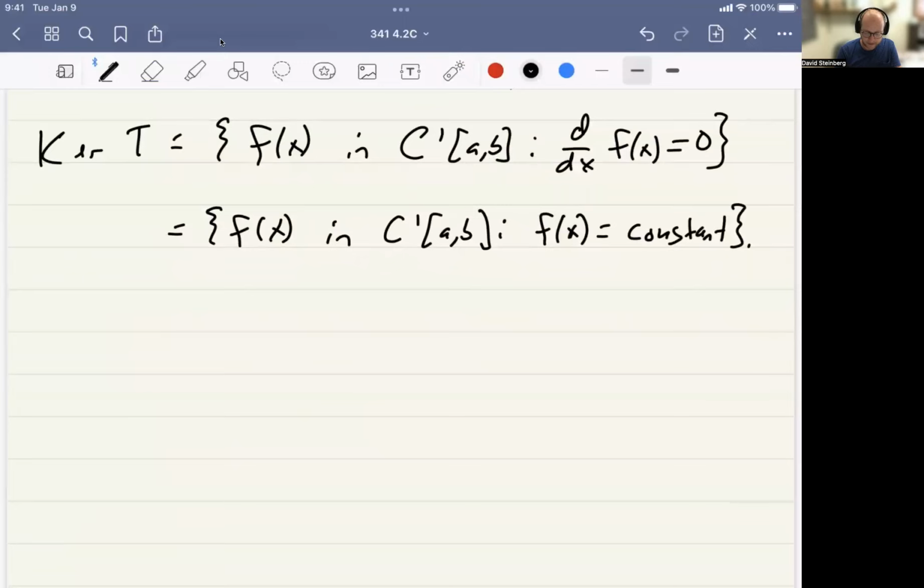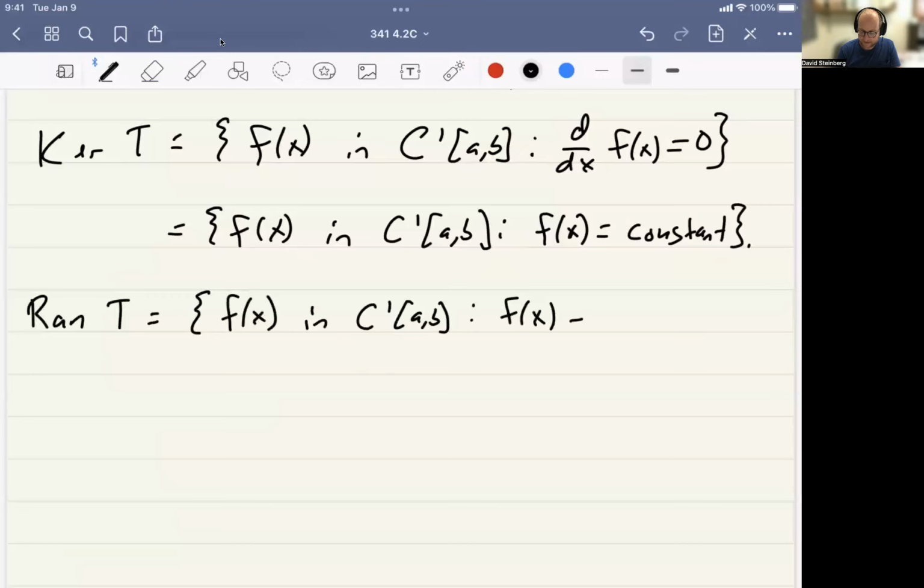Okay, and we can talk about the range too. The range of T should just be the f of x in C1[a,b] such that f of x is equal to the derivative of some other function, some g of x in C1[a,b].